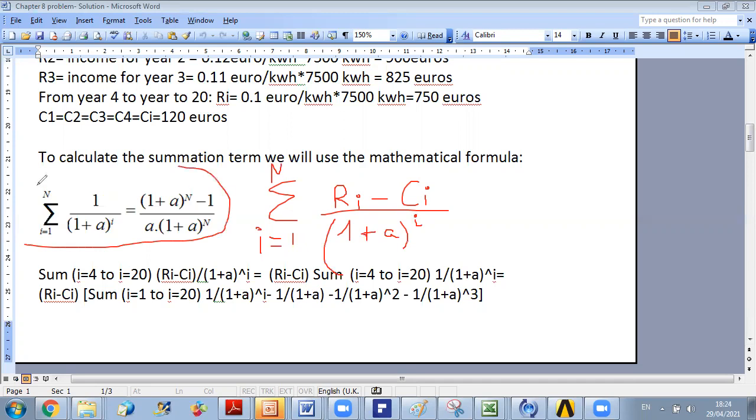The condition is that this term is constant so that I can take it outside of the summation. If it's not constant, I cannot use this formula.